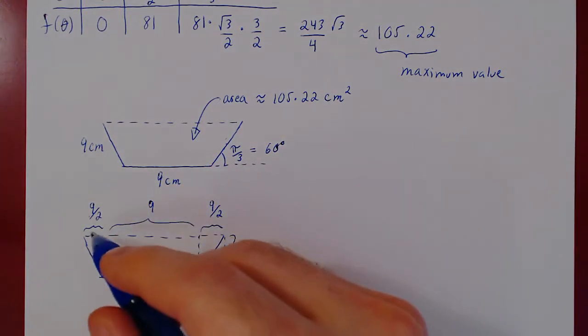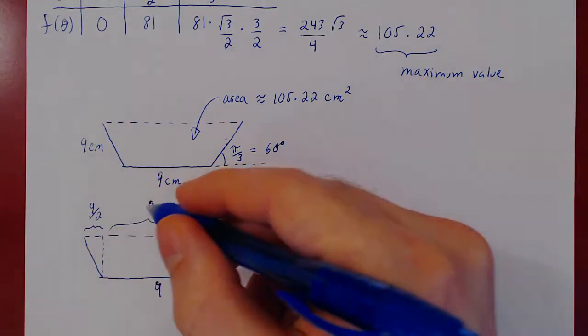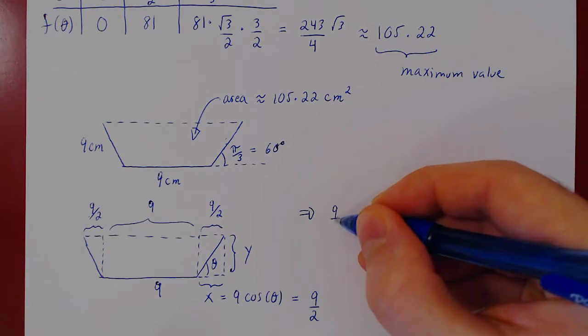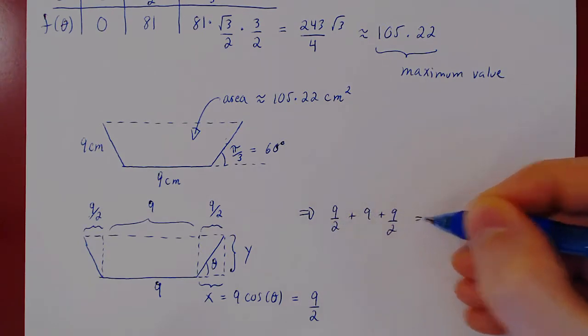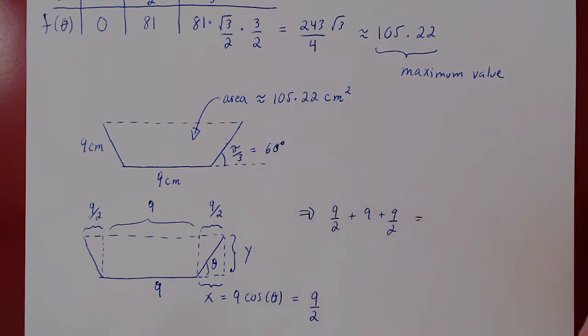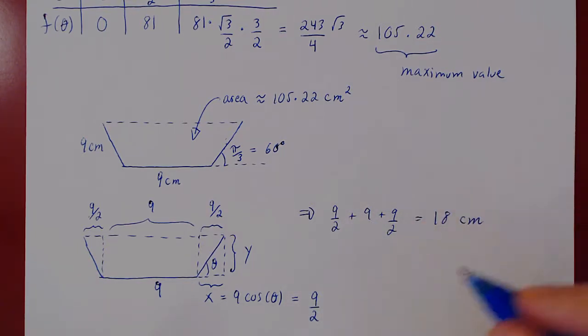So the opening across the top will be 9 over 2 plus 9 plus 9 over 2. Nine over 2 plus itself is 9, plus 9 is 18 centimeters. And now we're just answering the question specifically.